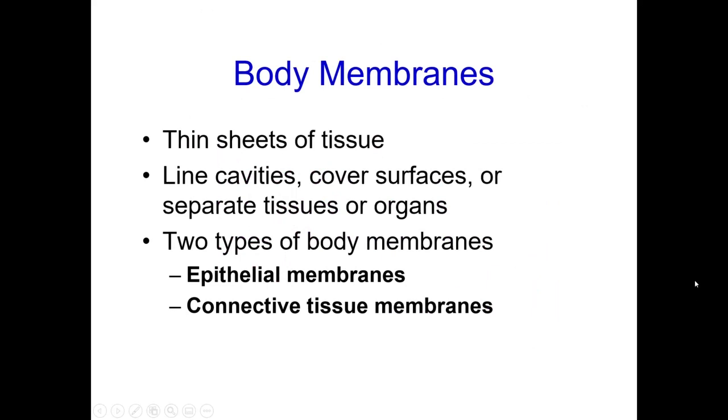Then you have body membranes. So these are thin sheets of tissues, and they line cavities, cover surfaces, or separate tissues and organs. And there can be either epithelial membranes or connective tissue membranes.